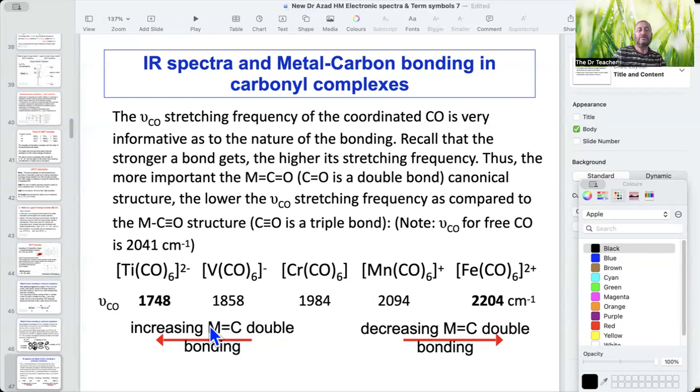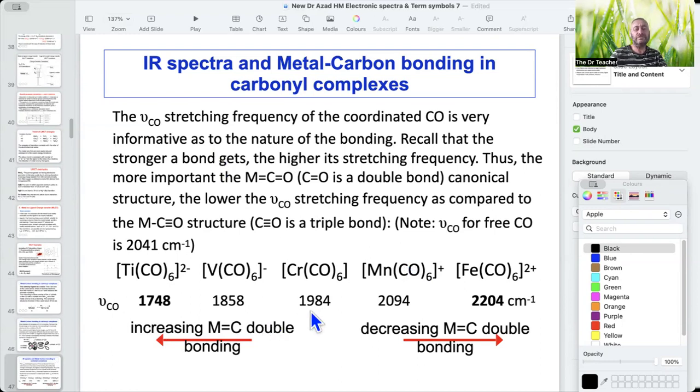So all this we depend on when we do the IR spectra for any solid sample of the material or of the complex, so you can characterize where the spectrum is present, in which region of the IR.